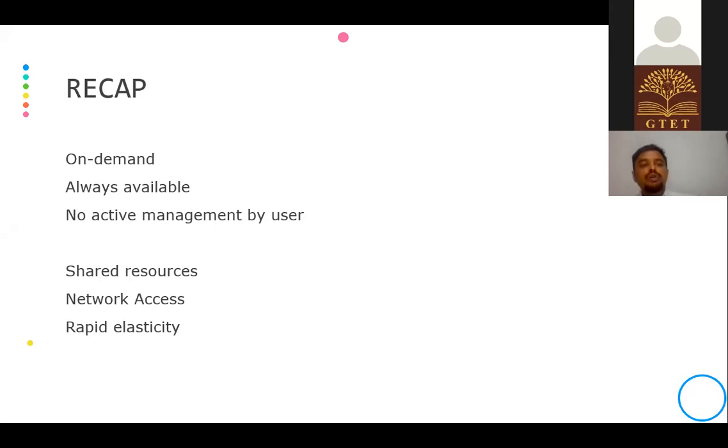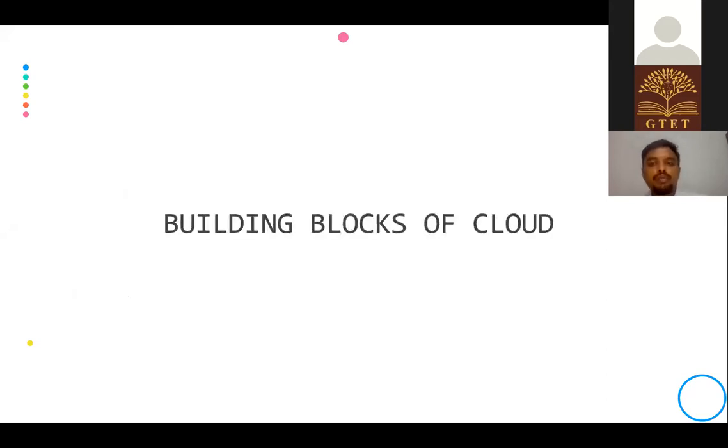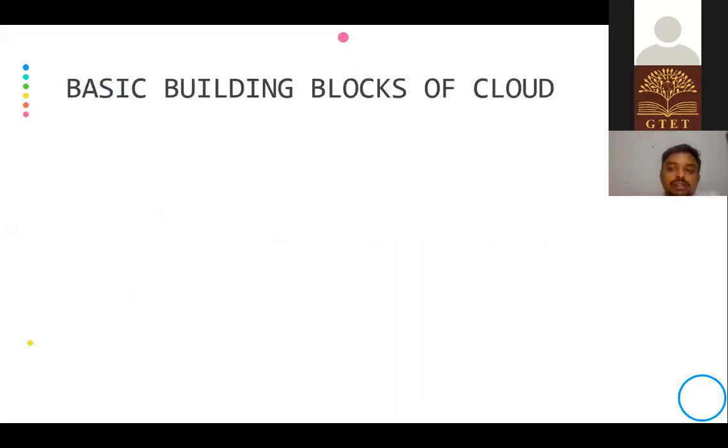I'll quickly move on to the building blocks of cloud. The first thing that you need is commodity hardware. What do I mean by commodity hardware? Commodity hardware is what comprises your computers.